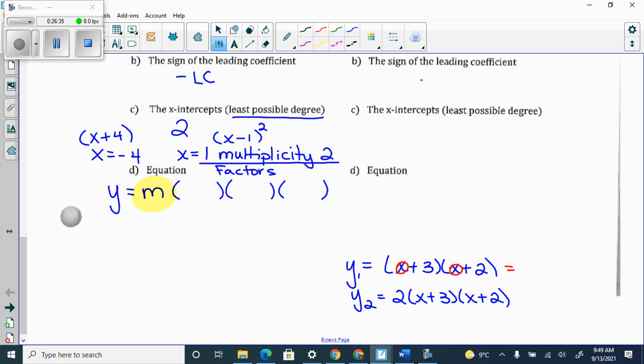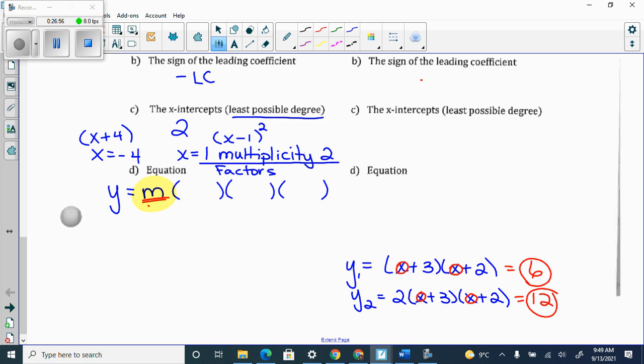So this one would be 6. I put a 0 in for this one. 2 times 3 times 2 is actually 12. It totally changes my y-intercept, doesn't it? So if you don't find this leading coefficient, your x-intercepts will be just fine, but your y-intercept might be complete garbage. Does that make sense? So that's why it's so important to find this, and people forget to do it all the time.